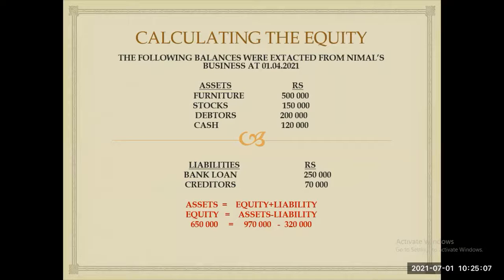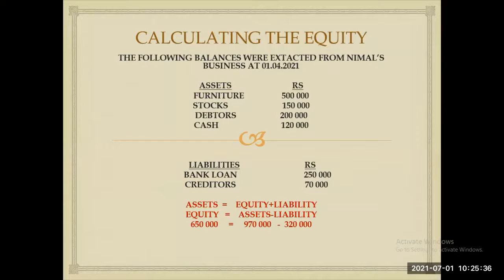Okay, we will see how we are going to calculate the equity here. There are some assets and liabilities. The total amount of asset is 970,000 and the total amount of liability is 70,000. We have to find out the equity for the accounting transactions and it has to be recorded in accounting equations.